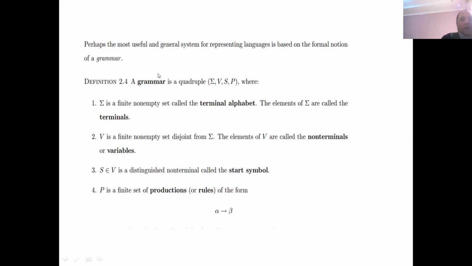So let's begin with the definition of grammar. A grammar is a quadruple of these four signs, where sigma is a finite non-empty set called the terminal alphabet. The elements of sigma are called terminals.